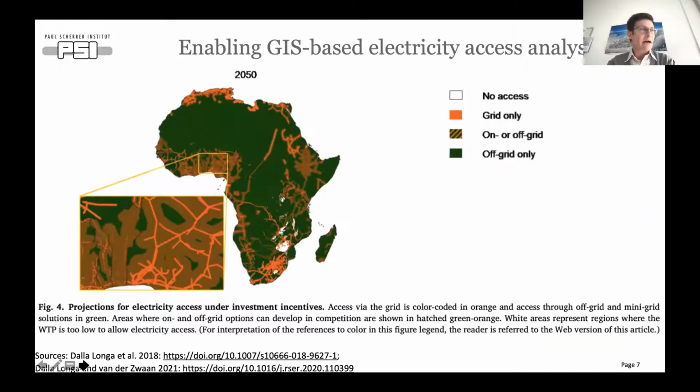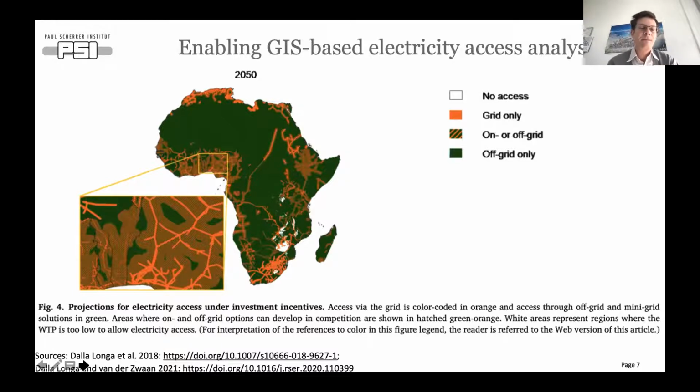So this higher spatial resolution of the TIA model ultimately also enabled a GIS-based electricity access analysis for Africa. This work has been led by my former colleague Francesco Dallalonga and also Bob van der Zwaan.